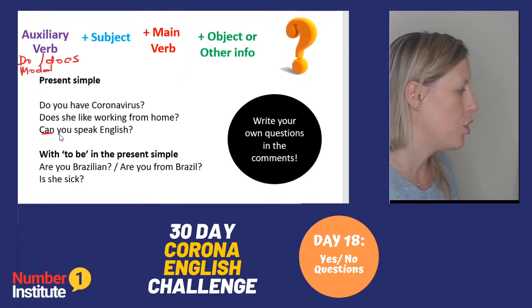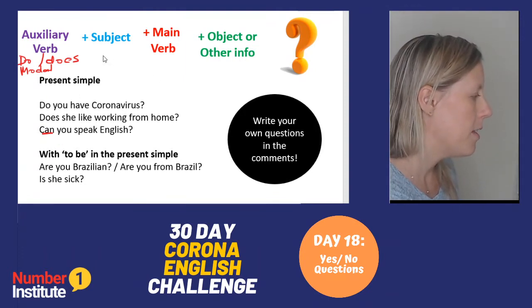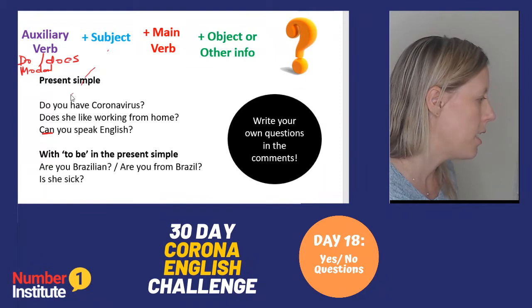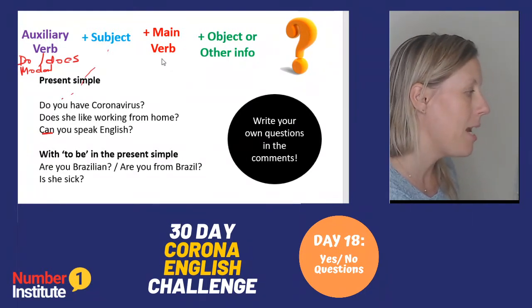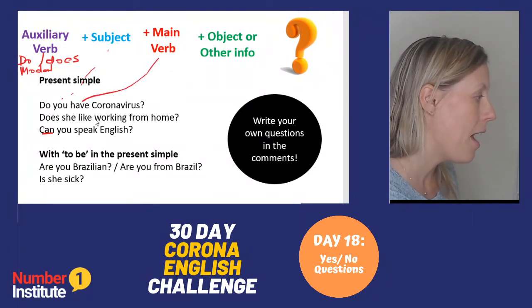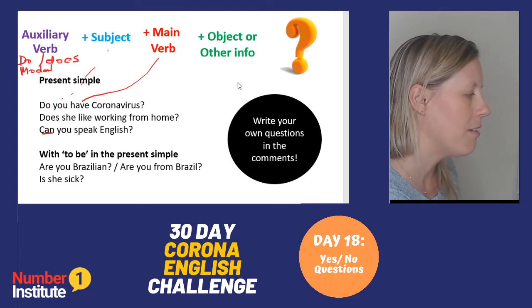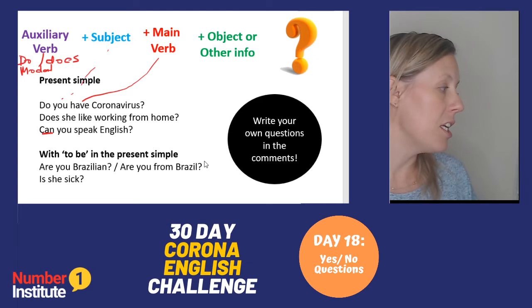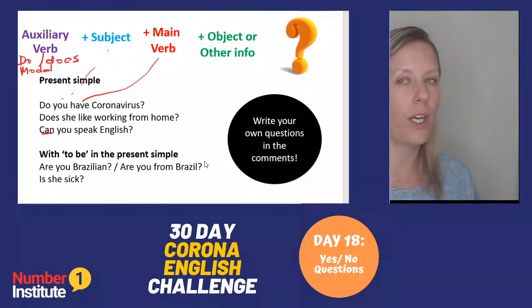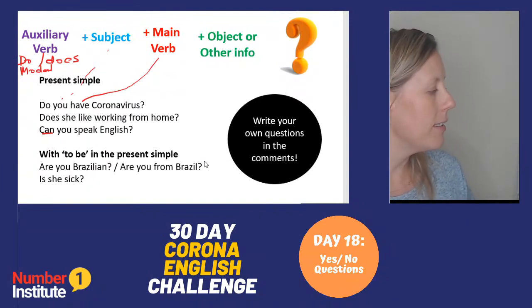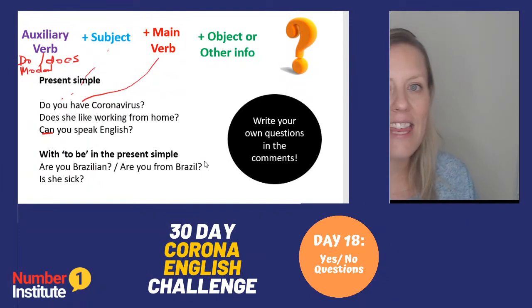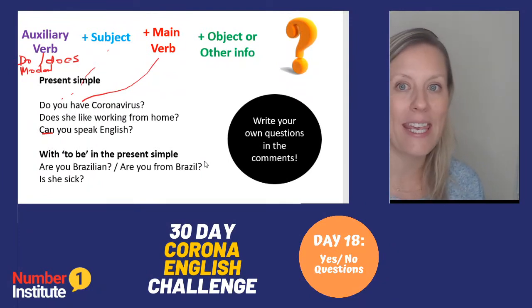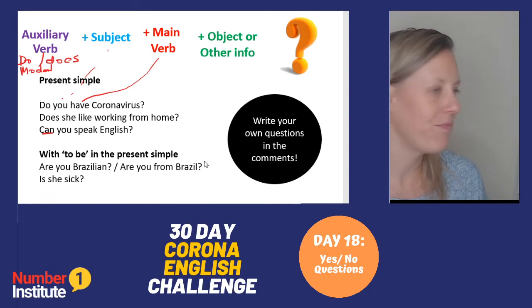So we've got do as the auxiliary, the subject is you, the main verb in this case is have, and the object or other information is coronavirus. Does she like working from home? So the main verb is like. And then, can you speak English?